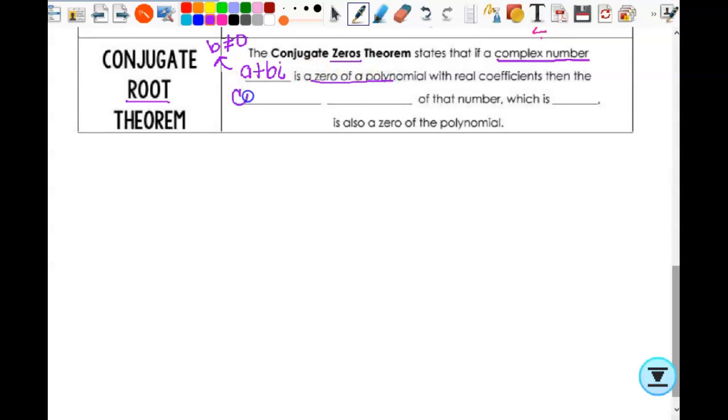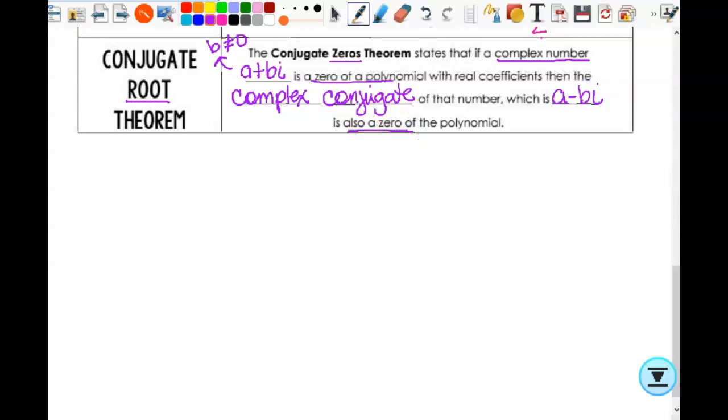Then the complex conjugate of that number, so conjugates you did when you were rationalizing things, the conjugate of a plus bi would be a minus bi, is also a 0 of the polynomial.